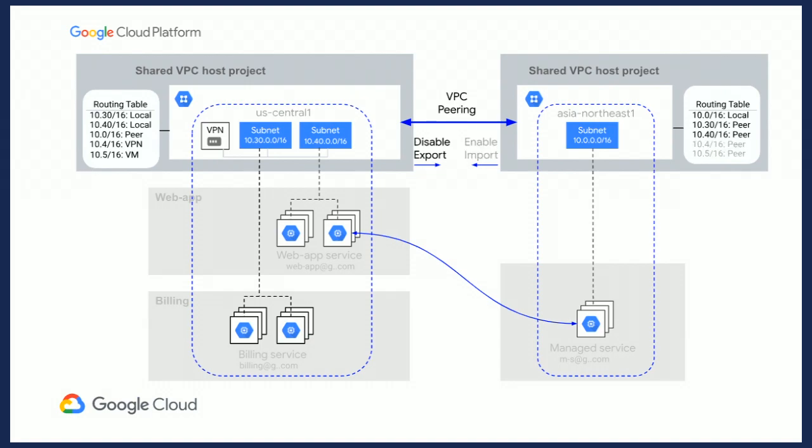You can either disable export of custom routes from the consumer VPC, and this removes the custom routes from the producer's routing table, or you can disable import, and this has the same effect. Both export of custom routes and import of custom routes are disabled by default. So in order to exchange custom routes, you need to enable export on the sender VPC and enable import on the receiver VPC.